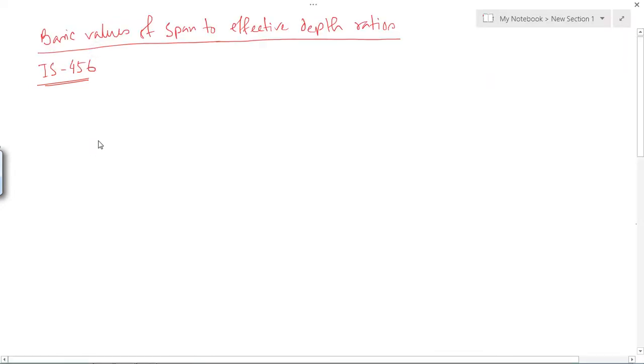So here are the conditions, or you can say beams. First is cantilever, second is simply supported, and last is continuous.